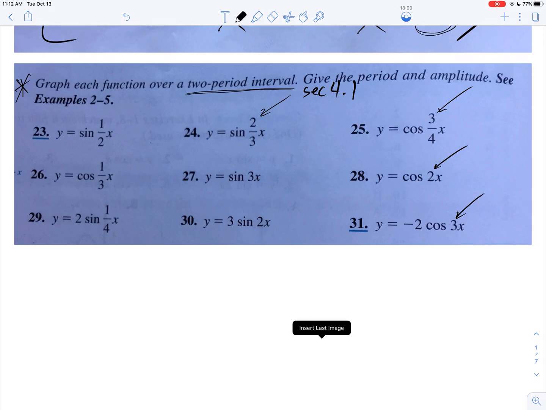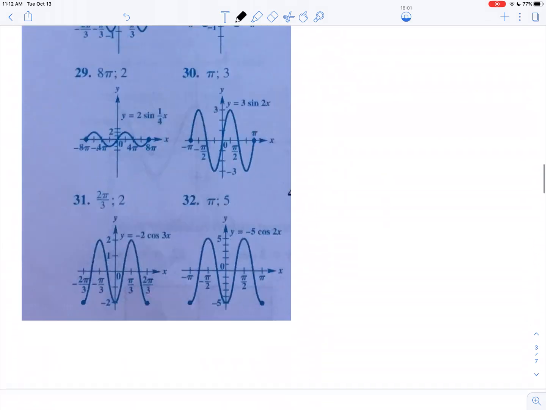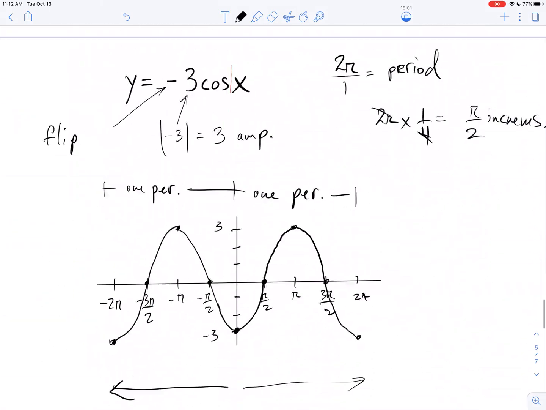So here we go. I'm going to do one with a fraction. Let me get down there. So here's where we left off. I would like to do this example right here. I'm going to kill 2 birds with 1 stone. I'm going to amplify this, but I'm also going to period adjust it. So, look at my graph.